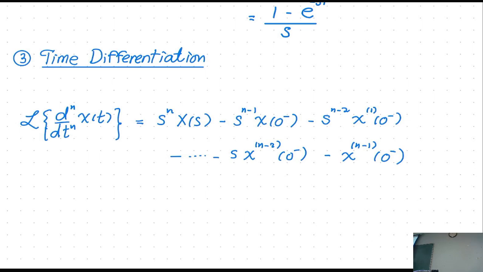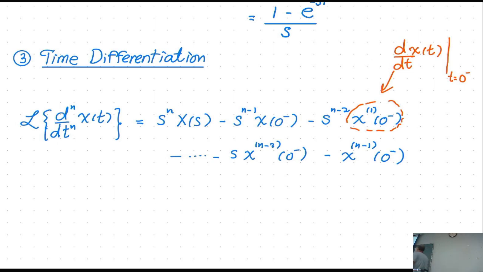Now, what does the number inside the parentheses mean? This notation means that we take the derivative of x with respect to time, and after taking the derivative, we plug in t equal to 0 negative.